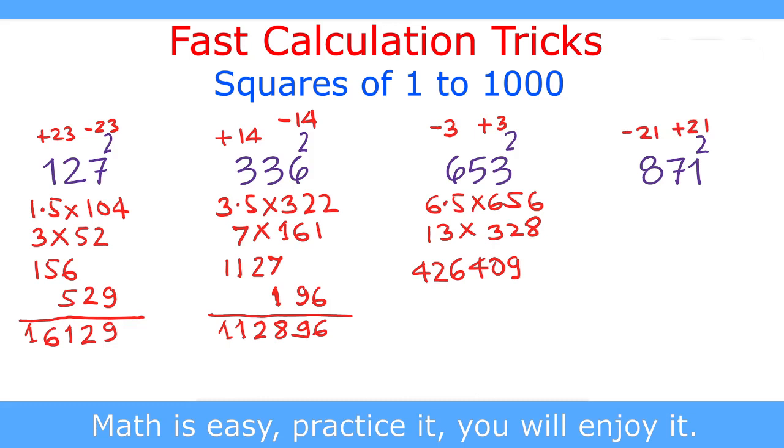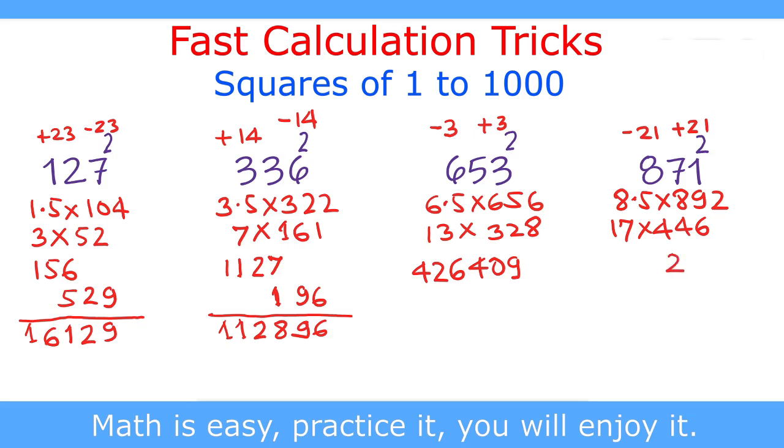In place of 850, I am writing 8.5 multiplied by 871 plus 21 is 892. To make calculations easy, I am multiplying 8.5 by 2 to make it 17 and divide 892 by 2 and get 446.